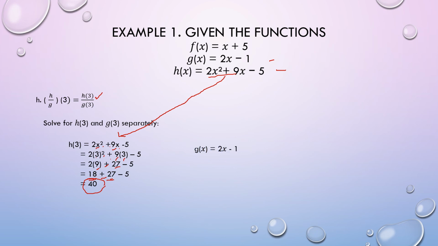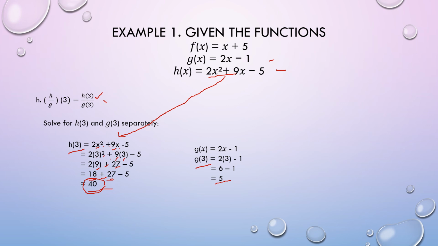Next, we go to g at x. We're going to replace x with 3. So we have g at 3 is equal to 2 times x, which is 3. This now is 2 times 3. That is 6 minus 1. That is equal to 5. Now we got the value of g at 3, which is 5, and h at 3, which is 40. Now we're going to proceed with this.